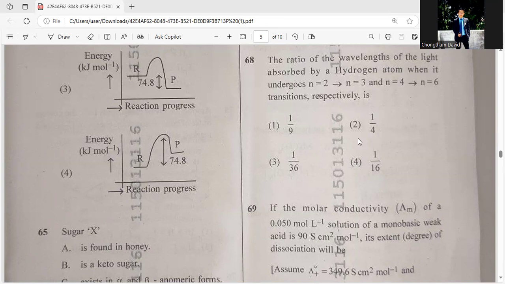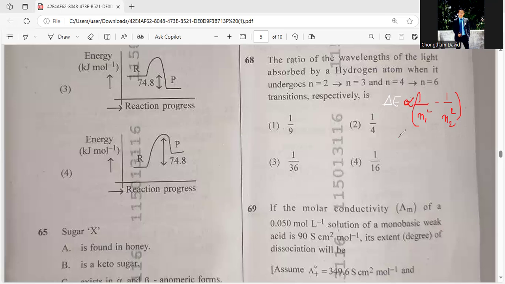When the transition goes from n equals to 2 to 3, 3 to 4, 4 to 6, you should know that the Rydberg formula is what? Delta E. Let us say, I'll change the color to blue, red. Okay, it becomes more distinct. So we know this is inversely proportional to the difference of the squares of the participating orbits.